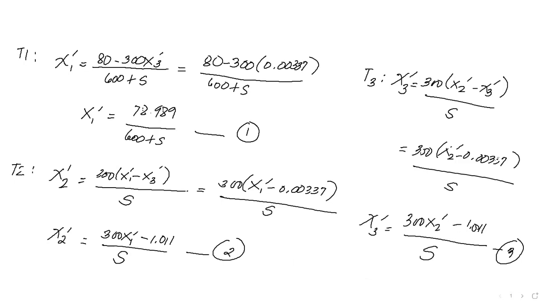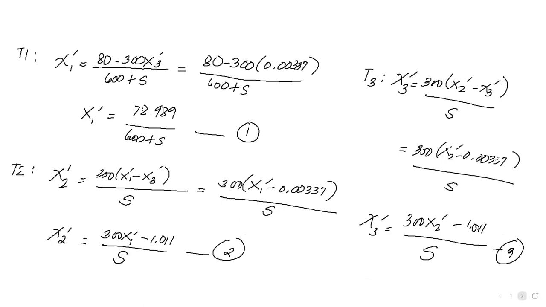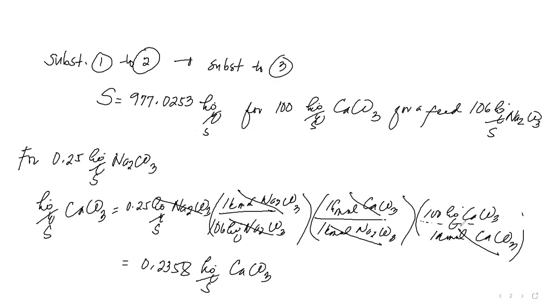Okay? Now, there's a note that if you're going to actually process the three equations here, 1, 2, and 3, you will come up with an equation which is a third degree polynomial in S. If it's a third degree polynomial in S, you can use Newton-Raphson, that method that you have learned in your advanced engineering mathematics for determining the roots of equations.